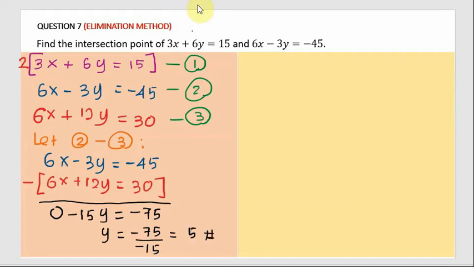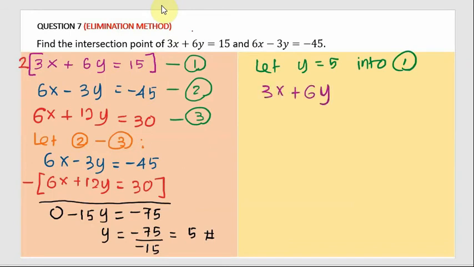Now, let's substitute y equals 5. You can choose either the first equation, second, or the third one. I choose the first equation. So, into the first equation, 3x plus 6y equals 15, replace y with 5.